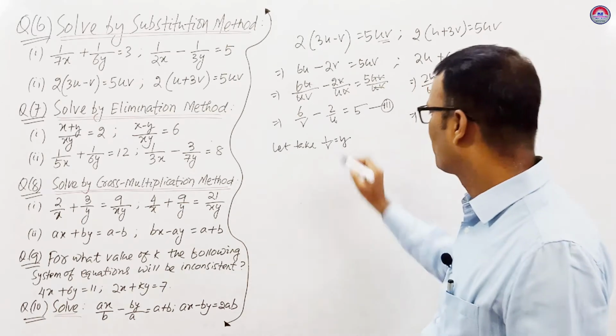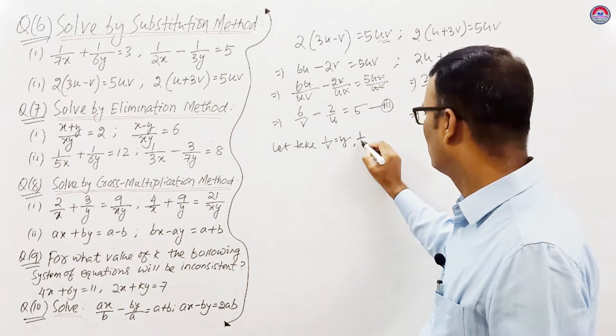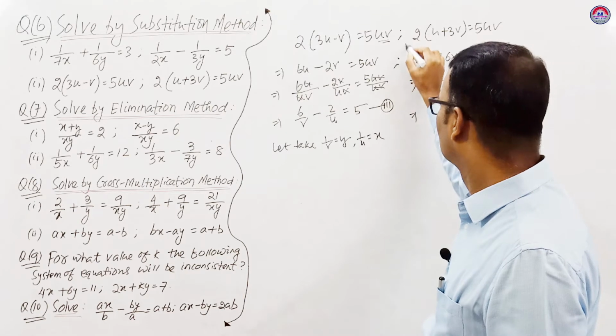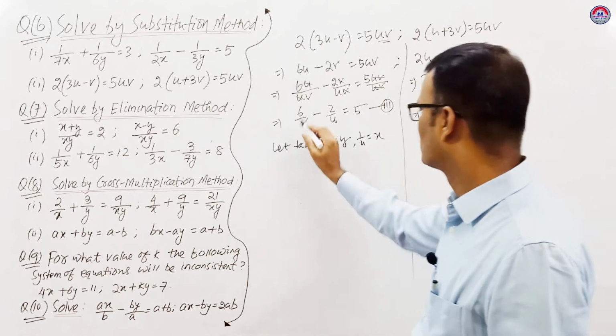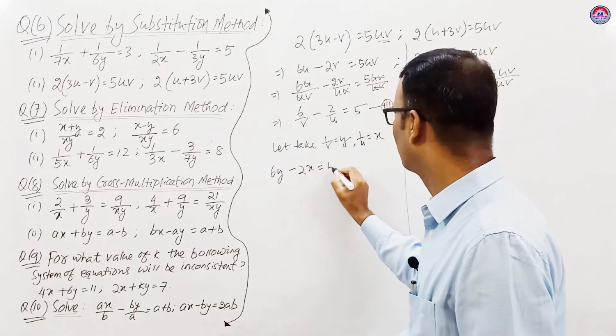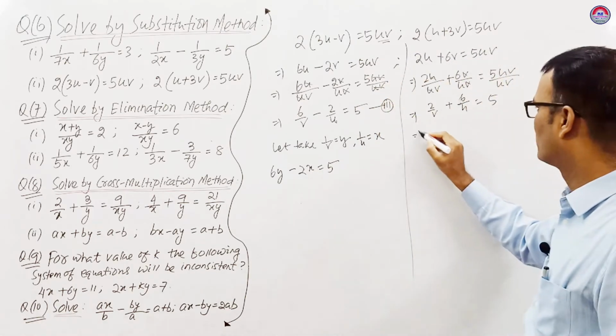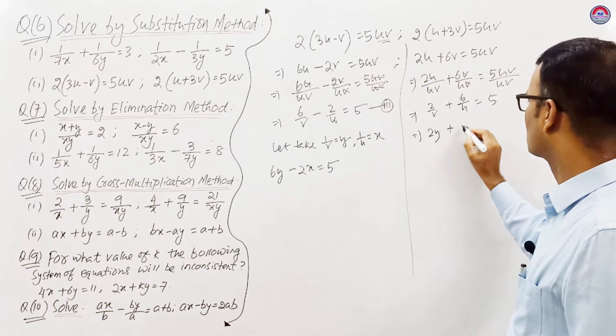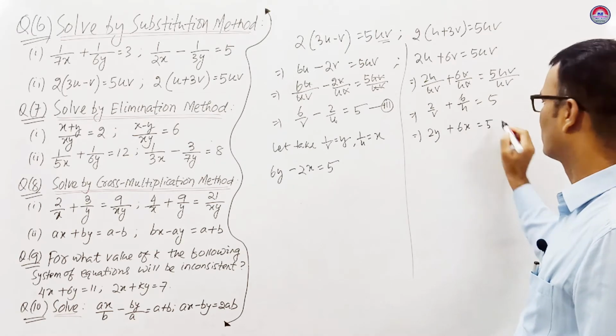We take y and 1 by u as x. Okay, so this will become 6y minus 2x equal to 5. This will become 2y plus 6x equal to 5.